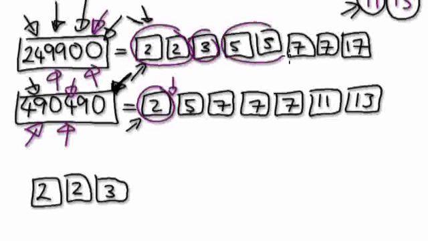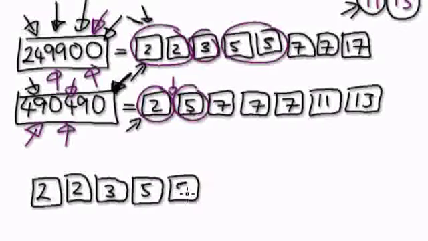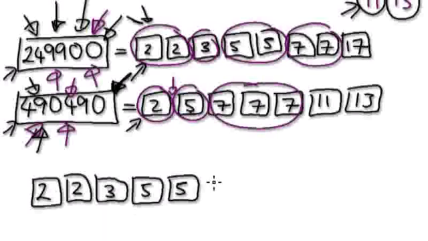Let's look at the 5. I need two 5s here and only one here, so the minimum is two 5s. If I have two 5s in my toolbox, I can build both numbers. Now look at the 7. I need 2 here and 3 here, so I need 3 altogether, and 3 will cover both numbers.